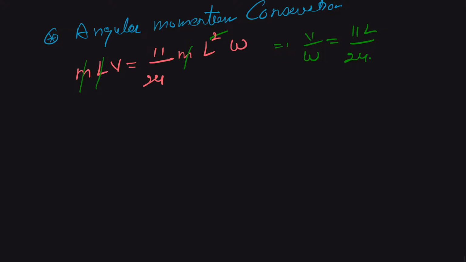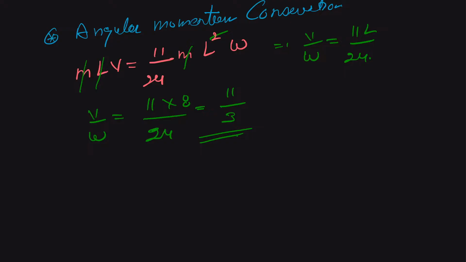Therefore v upon omega will be equal to 11 times 8 upon 24, which gives us 11 upon 3. Okay, so this was our relationship between the linear velocity and the angular velocity.